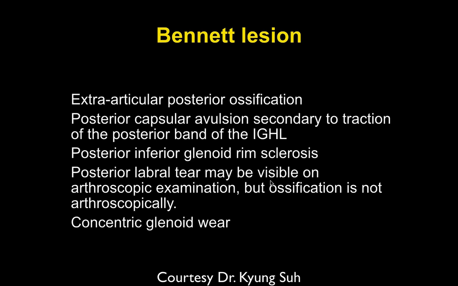What we generally find now is that calcification is associated with injury to the labrum and injury to the posterior band of the inferior glenohumeral ligament attachment. So it's probably a traction injury. So I don't think we should probably use a Bennett lesion as such. That shouldn't be a diagnosis? Probably not. Yes.